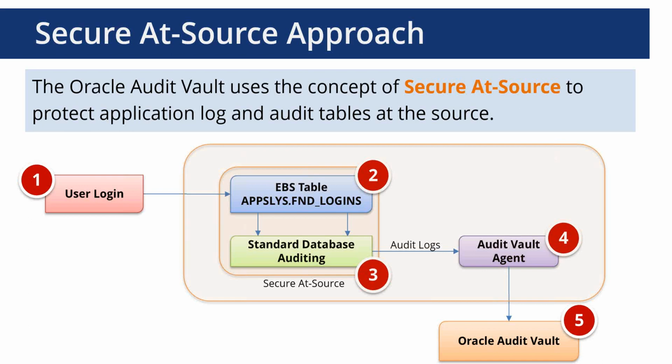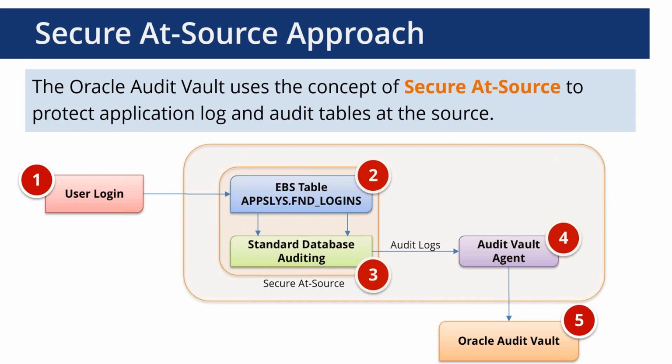So what happens is, in event number 1 here, we have a logon. A row is written out into the E-Business Suite log table, FND_LOGINS, that would say, hey, Mike Miller logged on the 13th at 1:45.